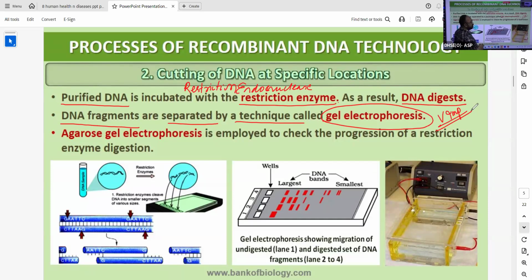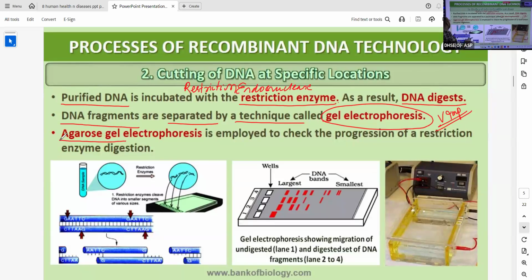Now, pay attention here. The fragments are inside a solution, so the fragments along with a medium must be there. That medium is basically agarose gel.